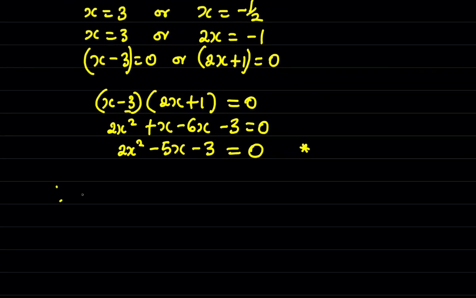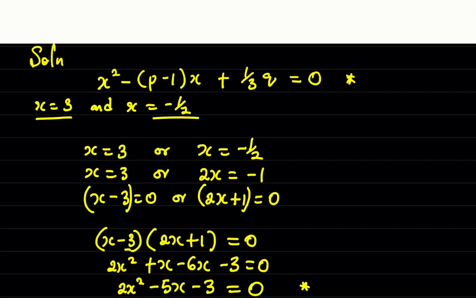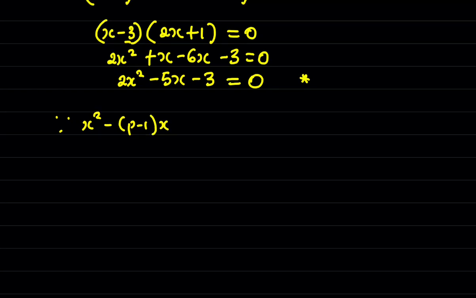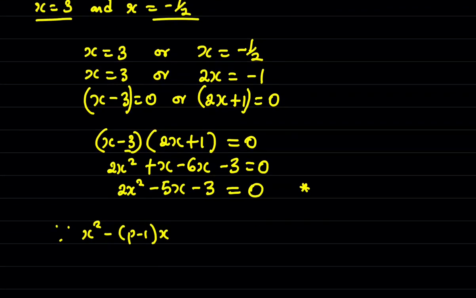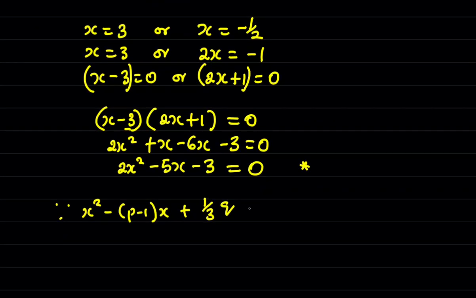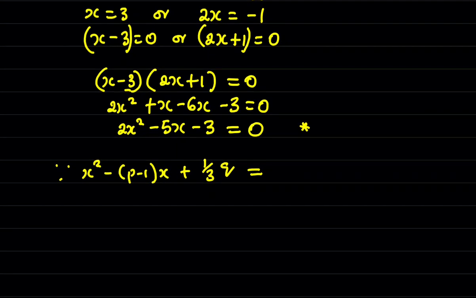Hence, we are going to conclude that x squared minus (p minus 1)x plus 1 over 3q definitely will be equal to 2x squared minus 5x minus 3.